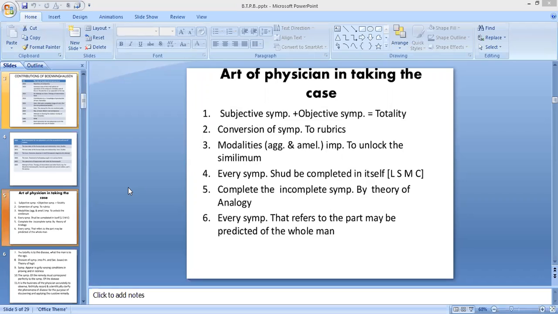I will revise it in short. For first grade, the medicines that appeared prominently in most of the provers during the drug proving, they have been given the first grade in the repertory. Then the second grade medicines, during drug proving, the majority of provers gave the symptom, so it has been given the second grade.